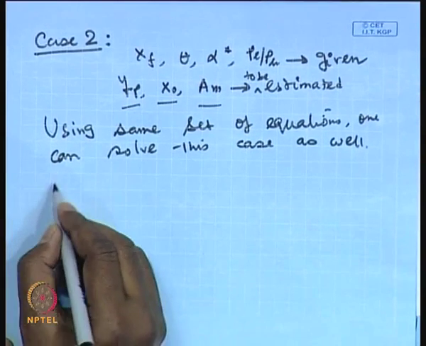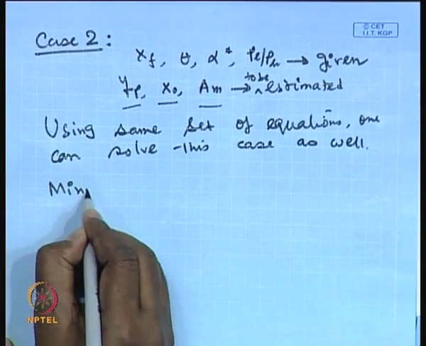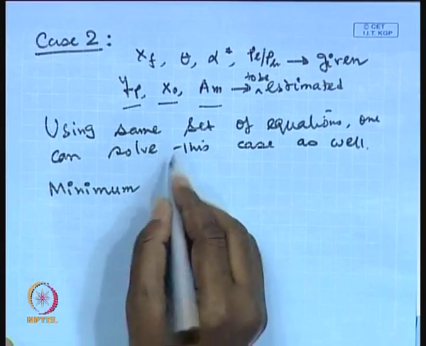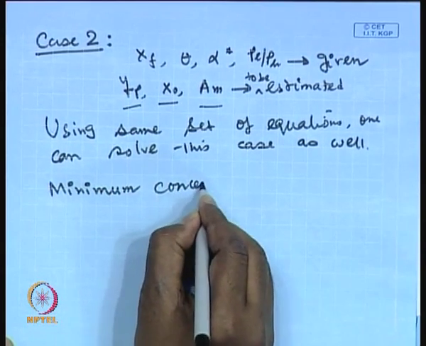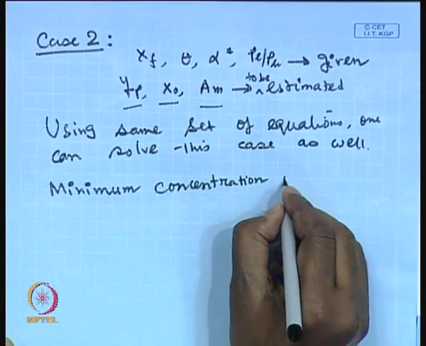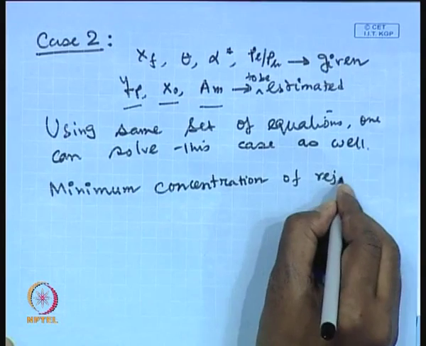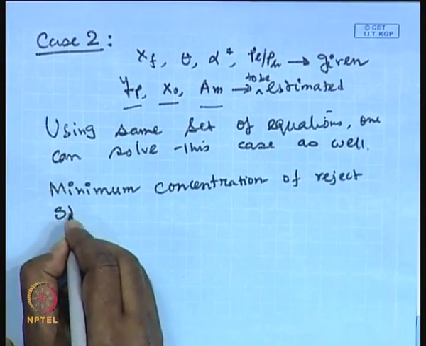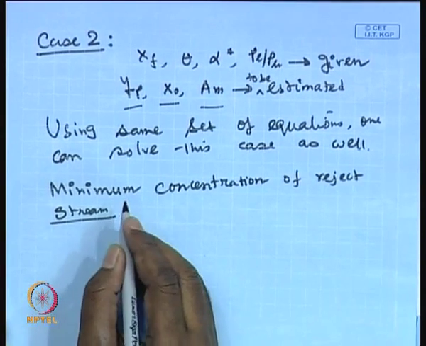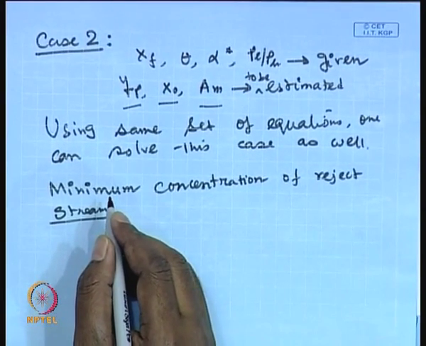Now, there is something called the minimum concentration of a reject stream. This concept applies when all the feed is permeated. That means you will be extracting or recovering the complete value of feed in the permeate.